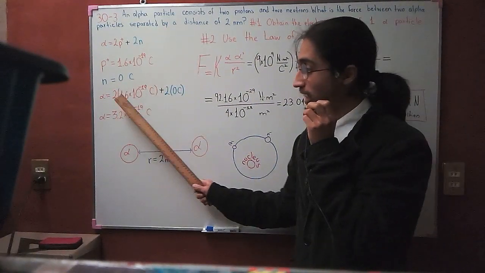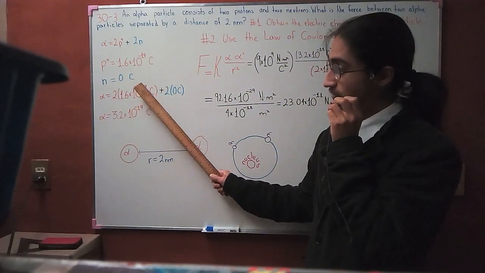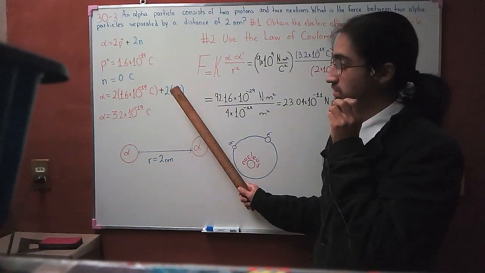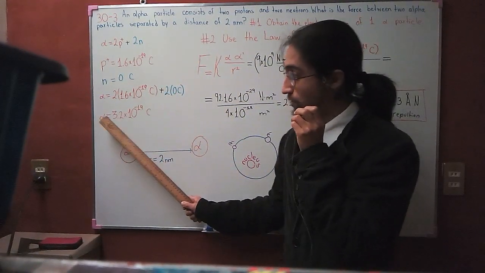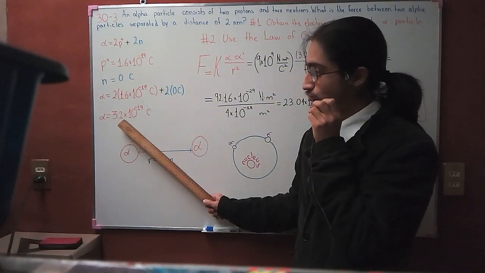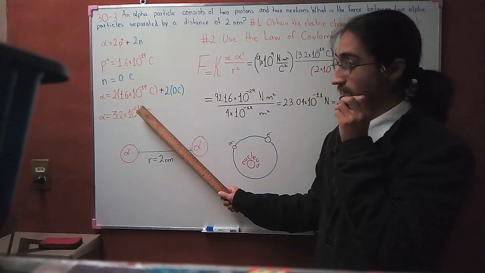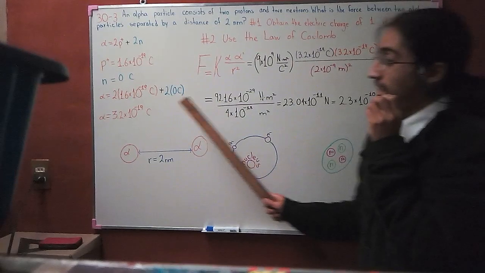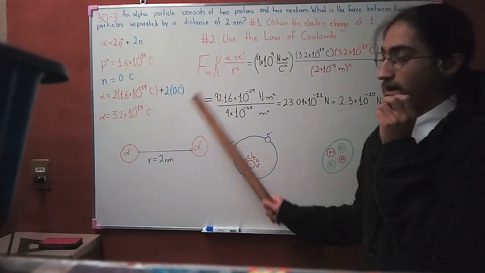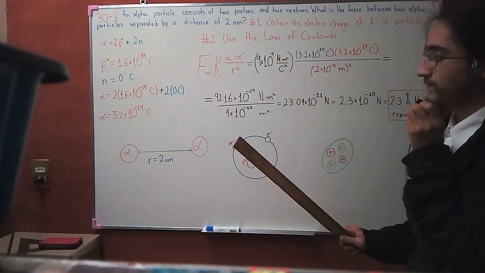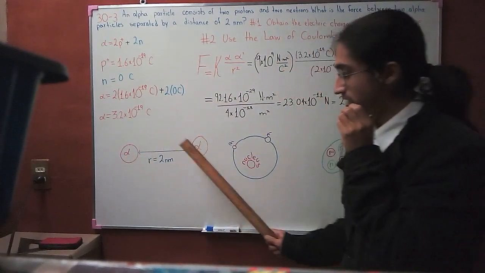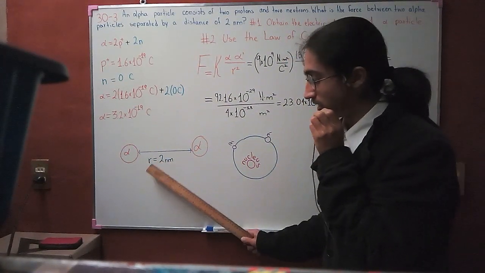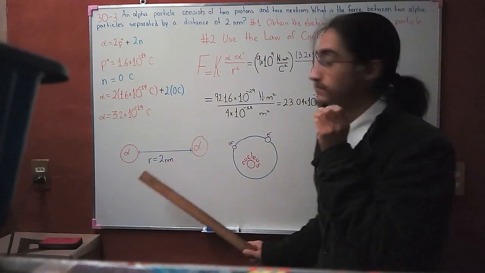It's equal to 2 times 1.6 times 10 raised to the power of negative 19 coulombs plus 2 times 0 coulombs. It's equal to 3.2 times 10 raised to the power of negative 19 coulomb. This is the electric charge of one alpha particle. So this is the first one and the second alpha particle, separated by a distance r equal to 2 nanometers.